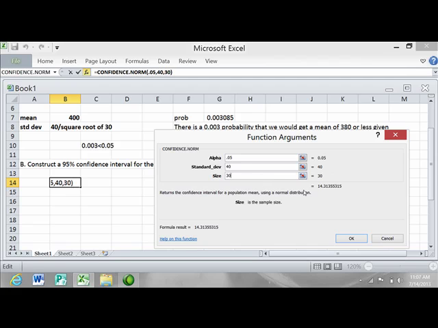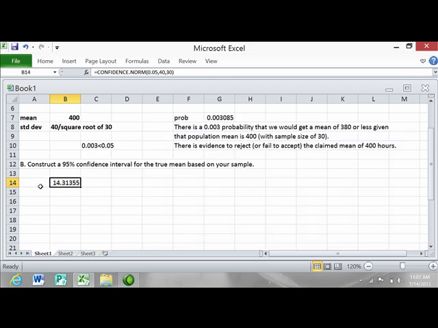30. And if we click OK, what we have here is what we call the error, the plus or minus from our mean. So our confidence interval is going to be equal to my mean plus or minus this error.